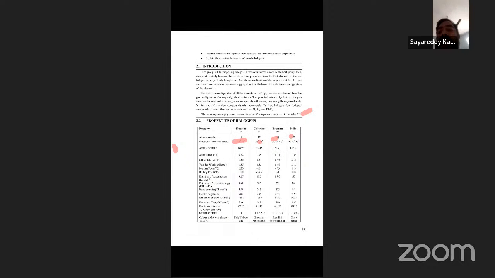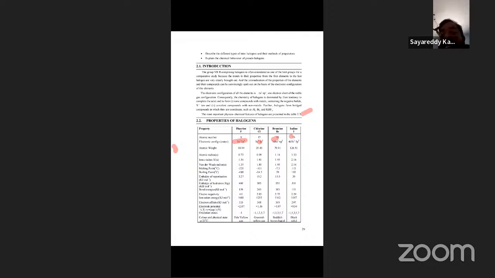Bromine has the 3d orbital filled: 3d10 4s2 4p5. Then iodine is 4d10 5s2 5p5. So in all of these, the general electronic configuration is ns2 np5.